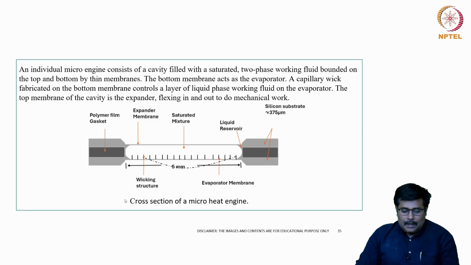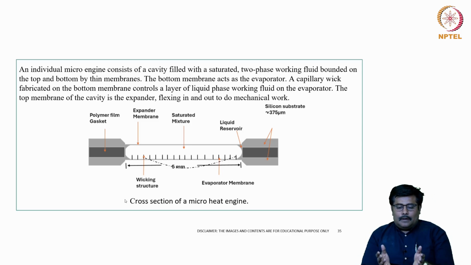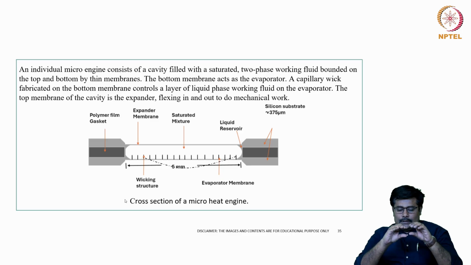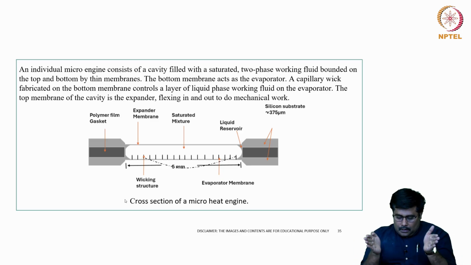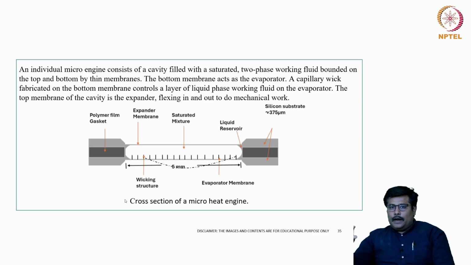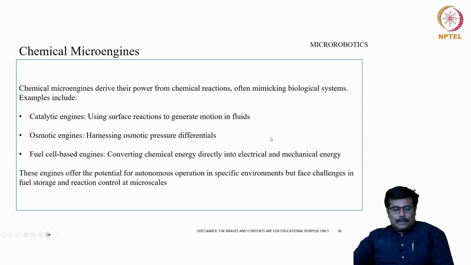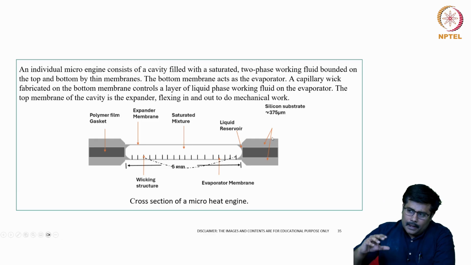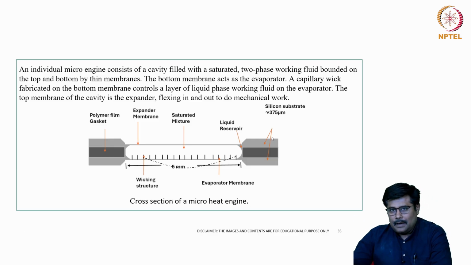If we keenly observe, there is an expander membrane, then an evaporator membrane and a liquid reservoir. This will result in a peristaltic motion, which will be helpful for us to create an inchworm mechanism, as expected.